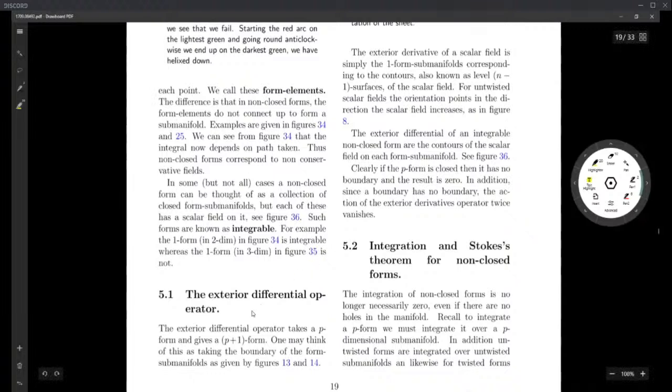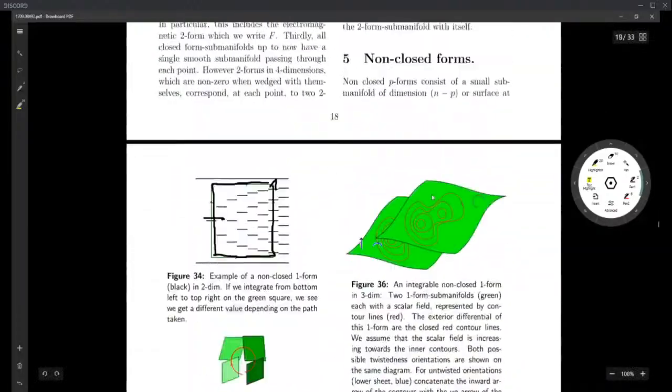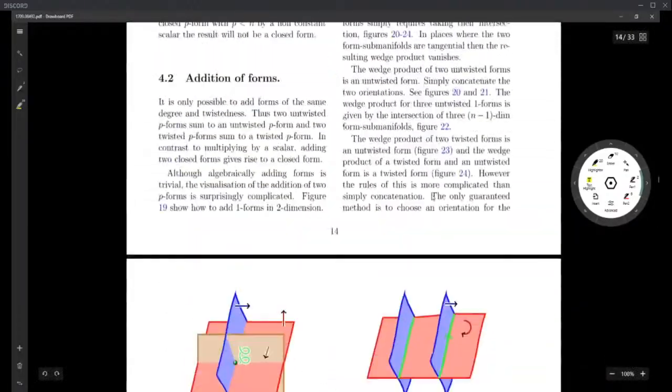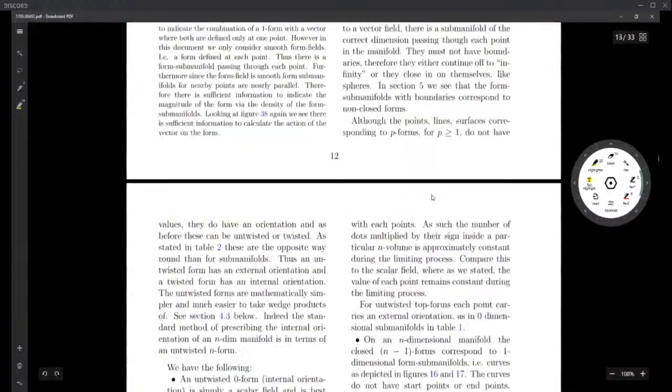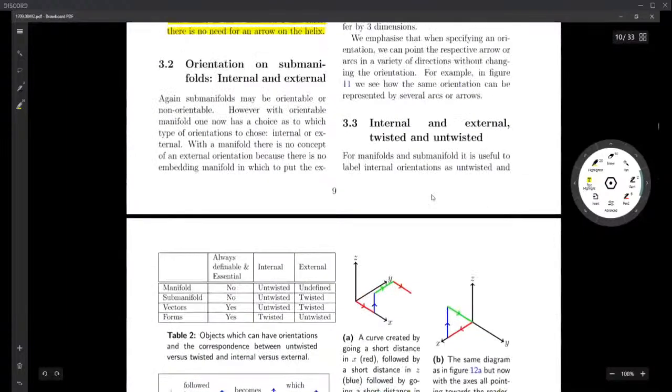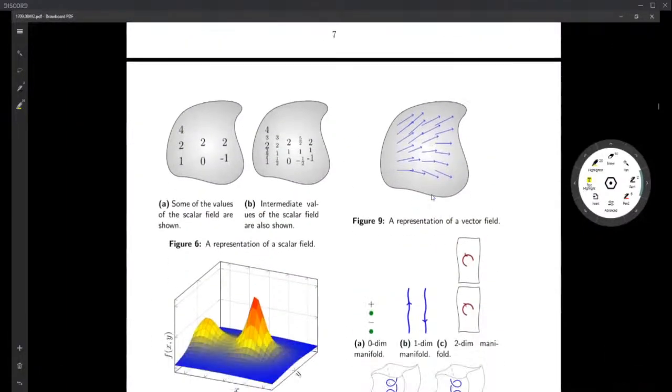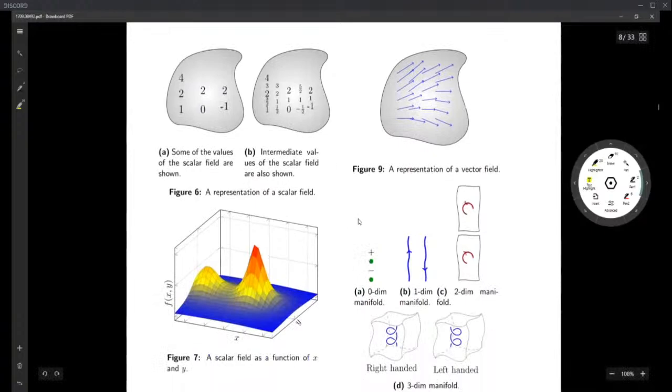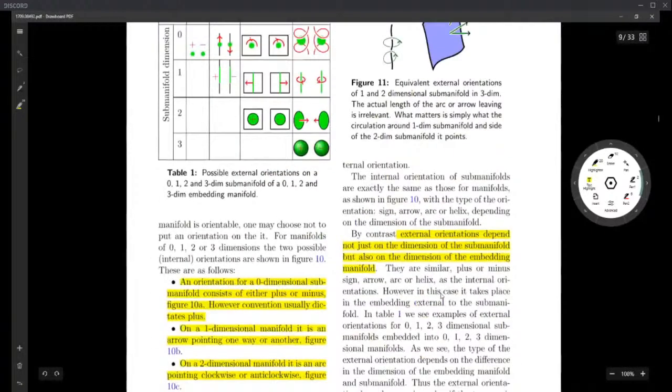What the exterior differential operator does is it essentially finds the derivative or the gradient of every point around that shape, and then outputs, let me go back to that image long back, essentially just outputs an image like this. So it gets a gradient of every point around that manifold and returns its value.